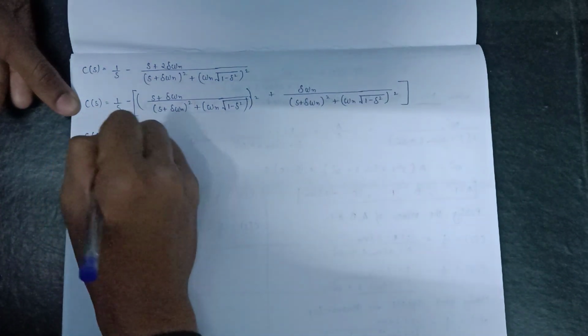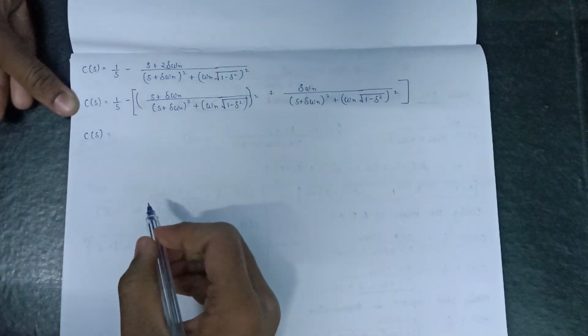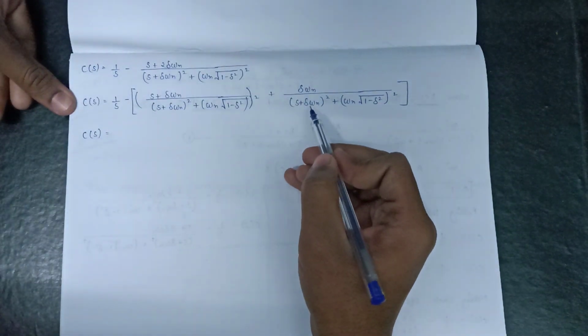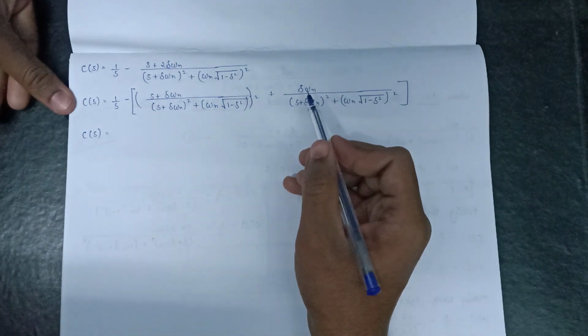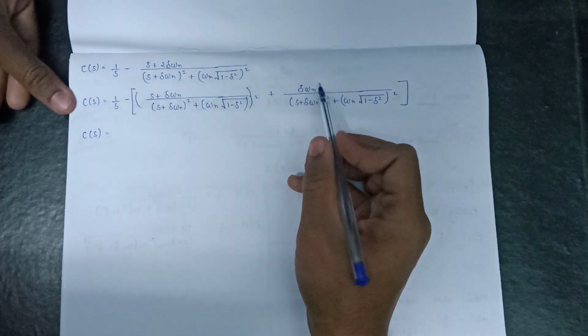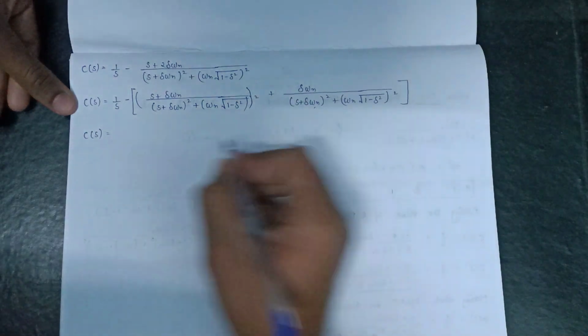Then C of S. After this, we will cross multiply the under the root 1 minus del square with both this numerator and denominator term.